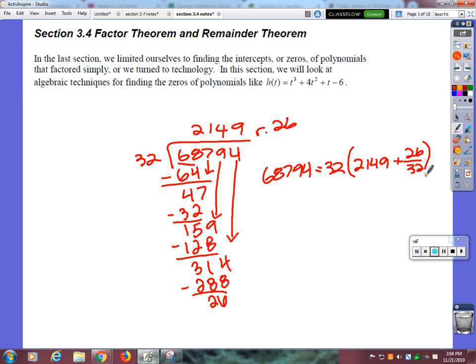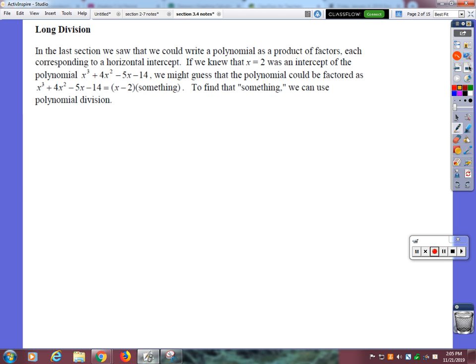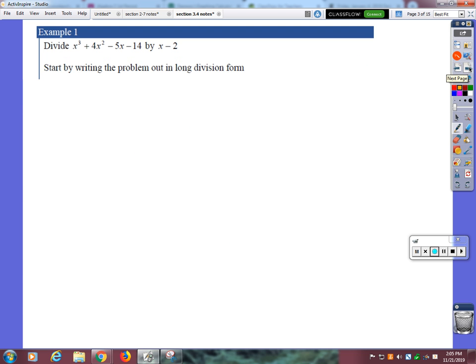In the process of doing this, we sort of factored this into these 2 pieces. If I multiplied 32 times 2,149, and added 26 to it, I would get this number. All right, so we're going to do that same process, but with polynomials.